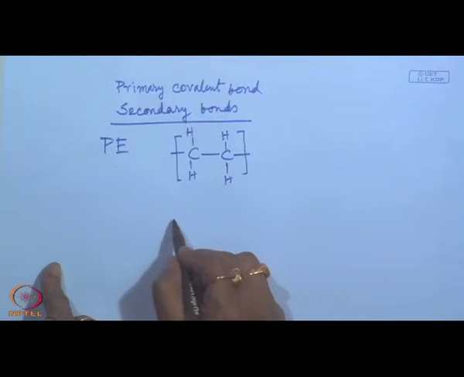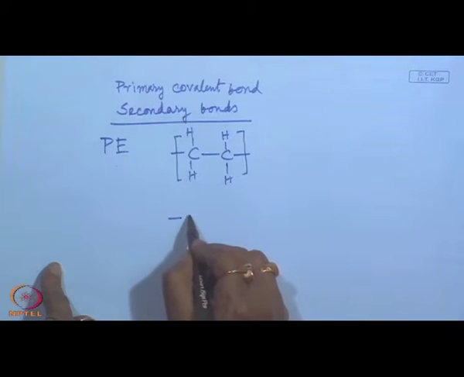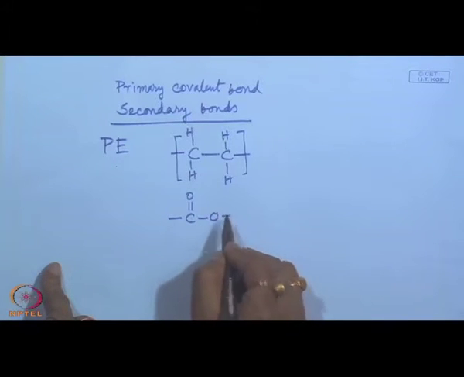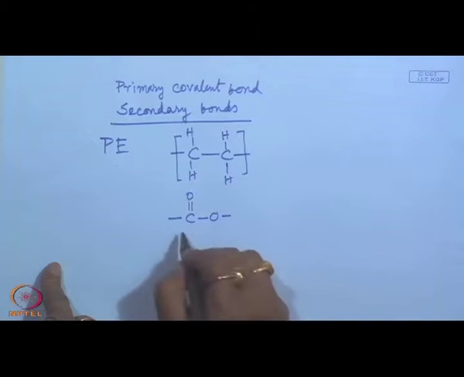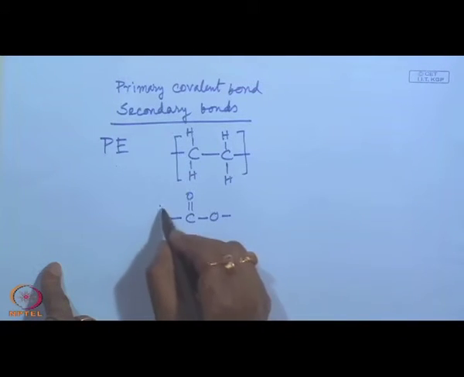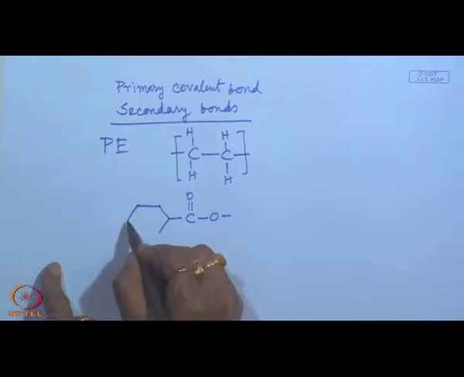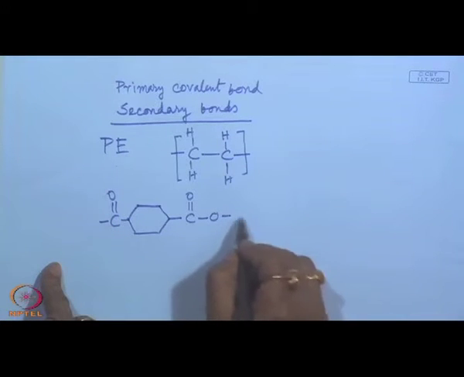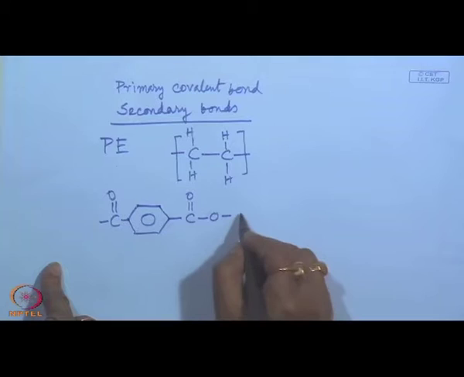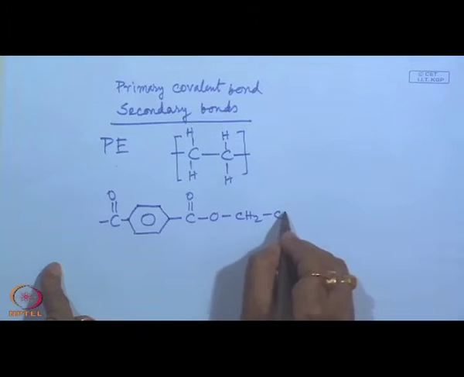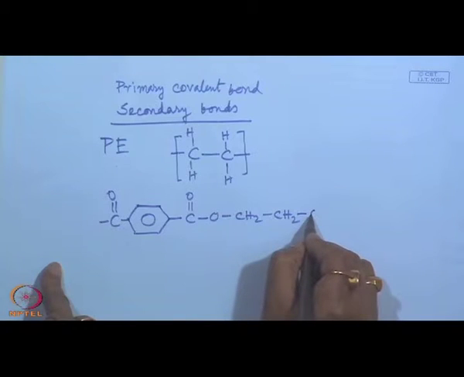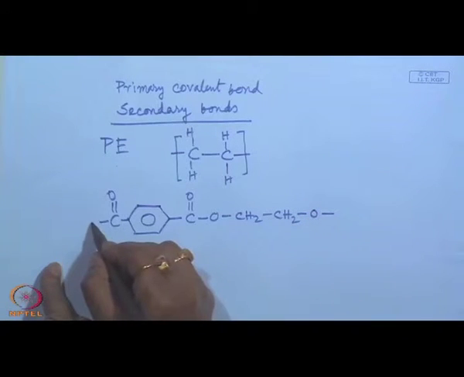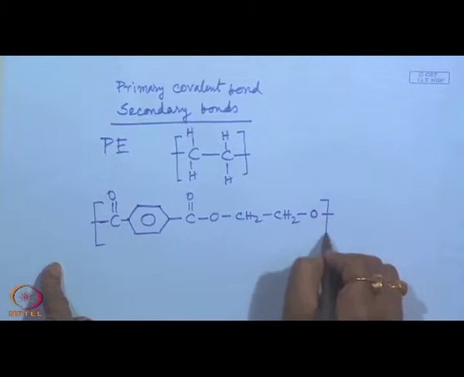There can be other kinds of bond, say having this kind of structure. This is the repeat unit formula of polyethylene terephthalate.